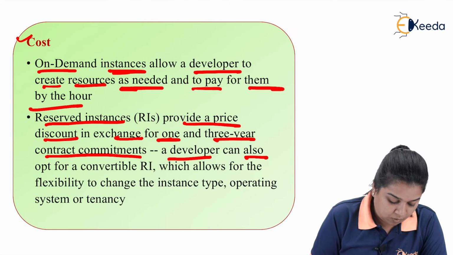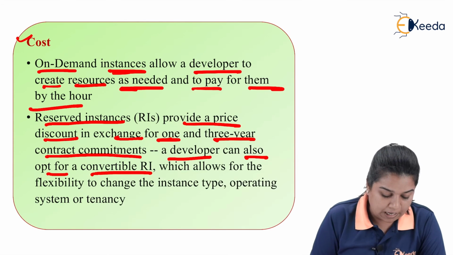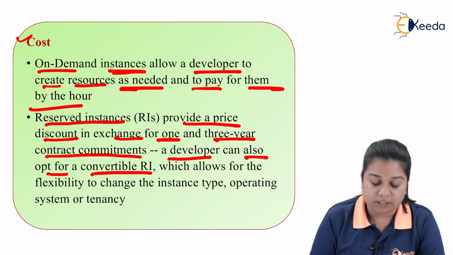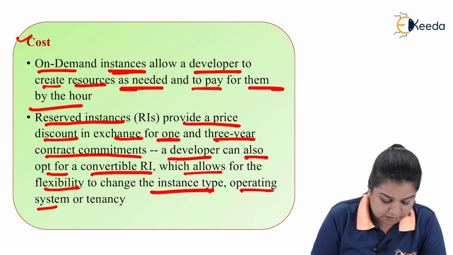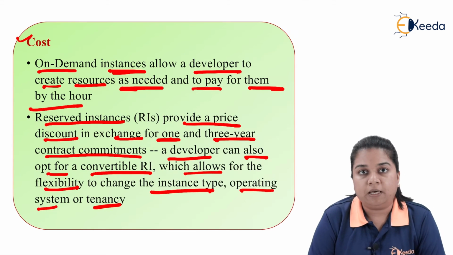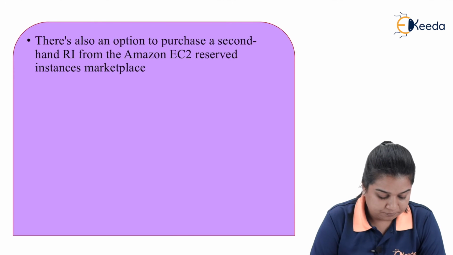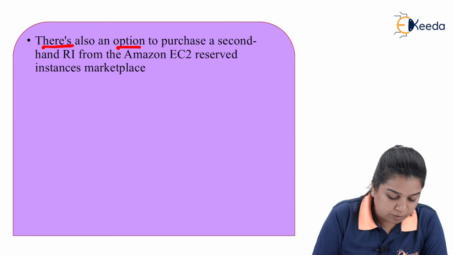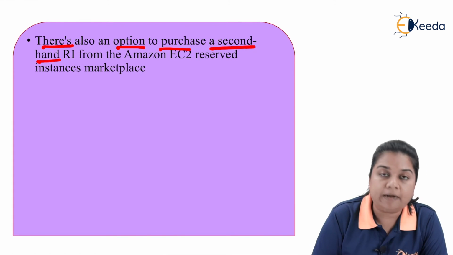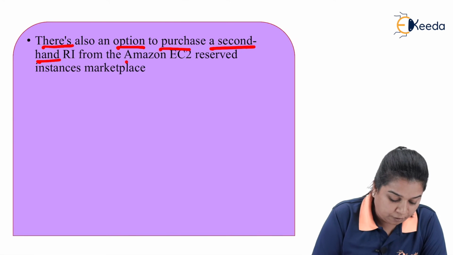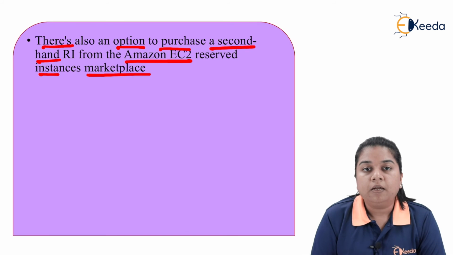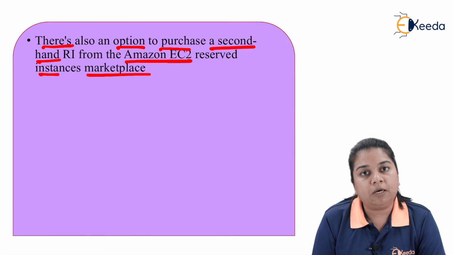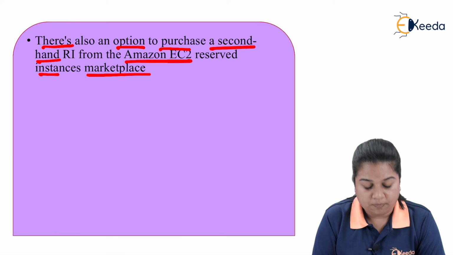A developer can also opt for a convertible RI, that is reserved instances, which allows for the flexibility to change the instance type, operating system, or tenancy type. There is also an option to purchase a second hand reserved instance from the Amazon EC2 reserved instance marketplace. Now, second hand means used by some other client or user.